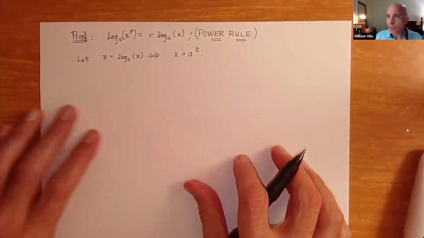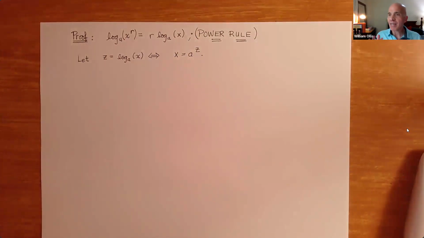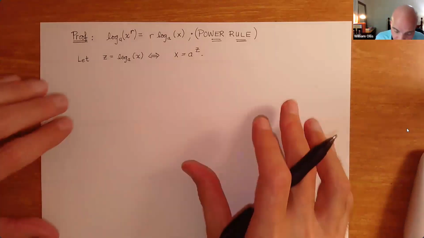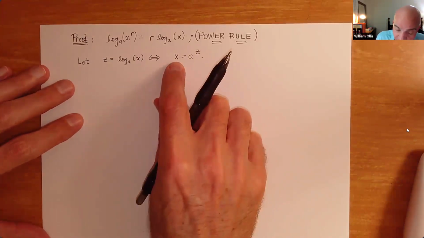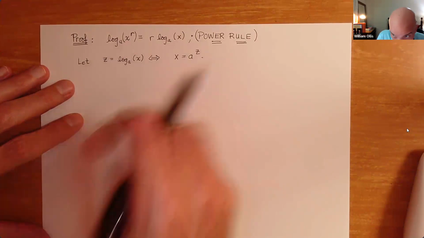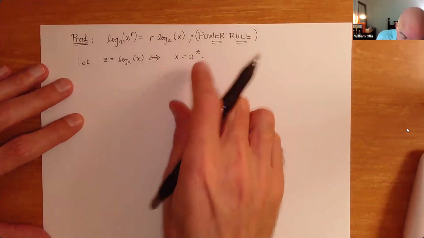So this is fundamental. Again, this is the relationship between the base A exponential and the base A logarithm, which allows us to work problems. Again, it is the fundamental toggle, as I say, as we move between the two functions. Now what we can do is we can express x to the r here and then use the exponent rules for the base A exponential.